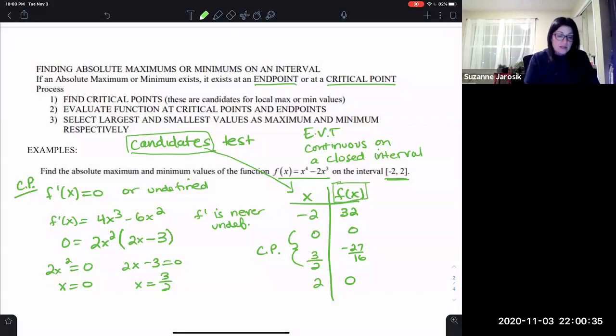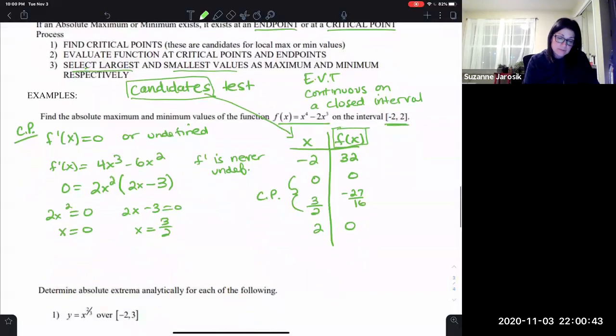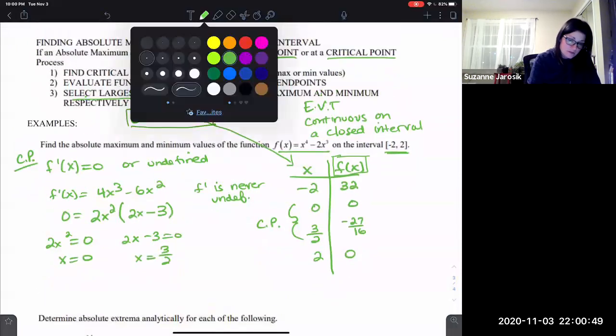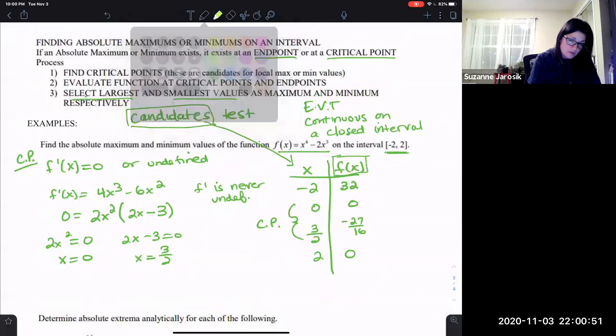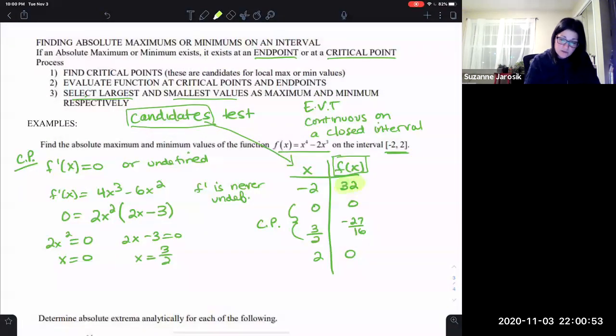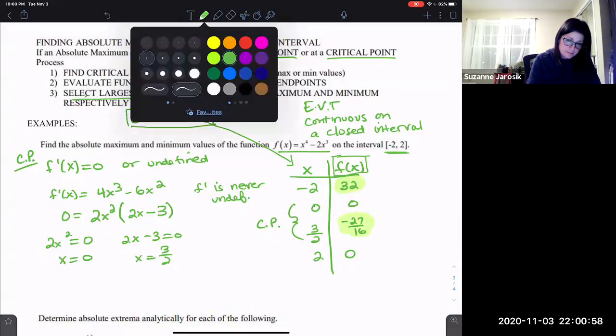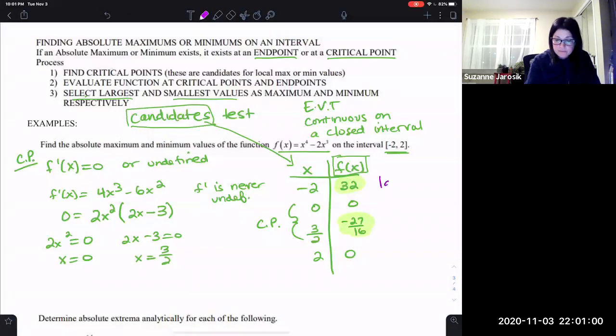And then the last part, step 3: select the largest value and smallest value as max and minimum respectively. Largest, smallest. So let's write that out.